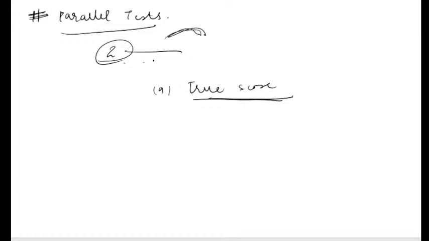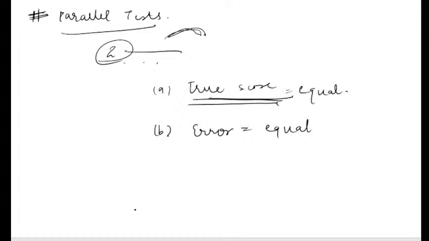So if there are two parallel tests, this true score would remain the same for both the tests, right? And second, the error would also be equal. So error is equal for both the tests, and true score is equal for both the tests. So can we say that the reliability of the first parallel test would be equal to the reliability of the second parallel test? This is its second implication.